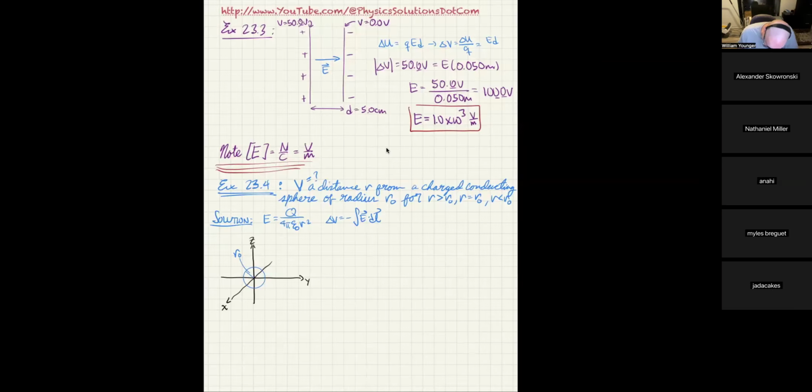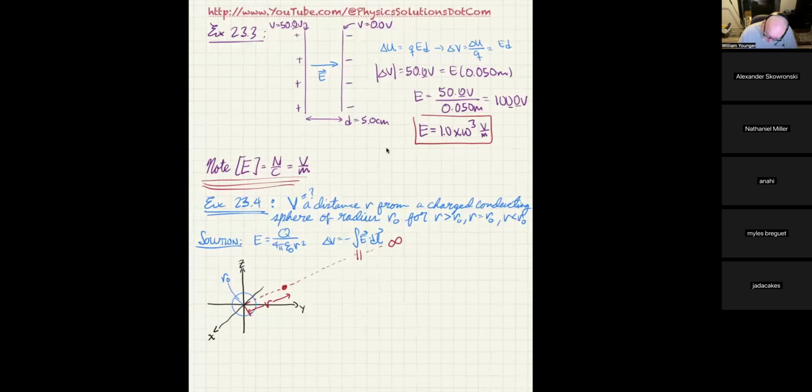So we're bringing ourselves into this distance, which is r, all the way from infinity. When we do that, delta V, which is equal to V final minus V initial, is equal to the negative integral of E dot dl.